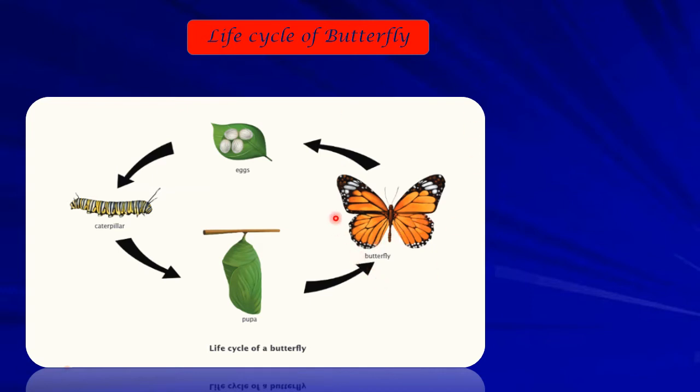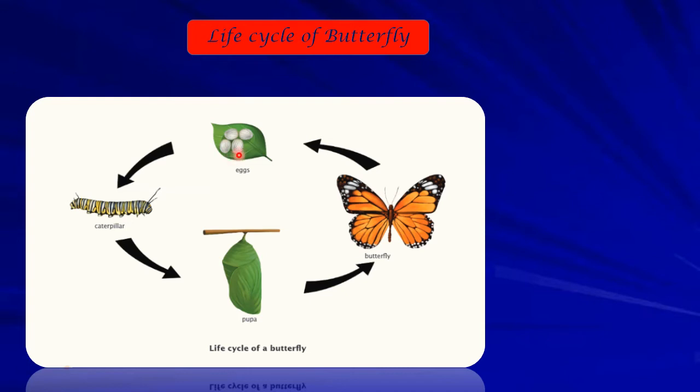Once this butterfly is matured, and after the process of fertilization, it lays eggs on the leaves. So the first stage is laying the eggs. We saw about insects, which I told you already: they reproduce by laying eggs. So the eggs are laid on the leaves.